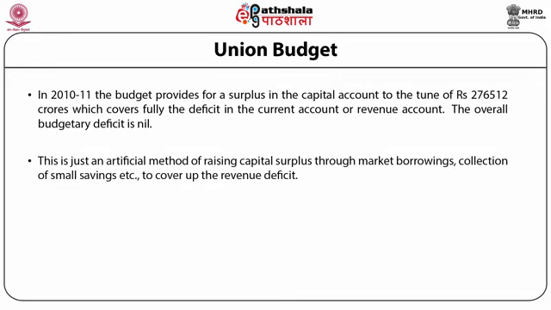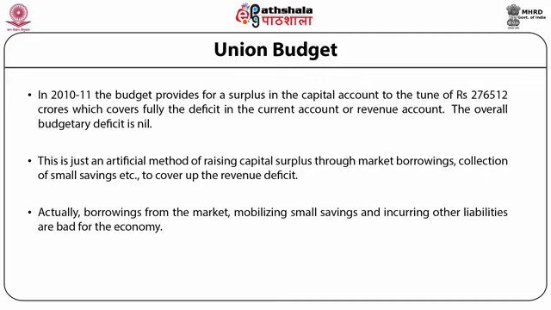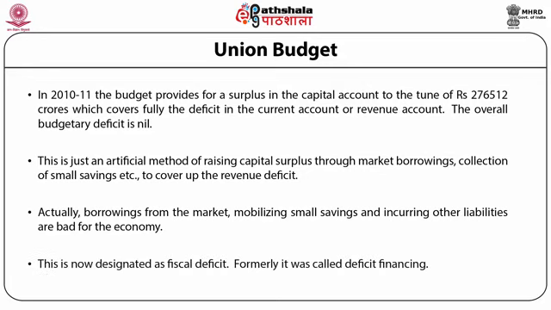This is just an artificial method of raising capital surplus through market borrowings, collections of small savings, etc., to cover up the revenue deficit. Actually, borrowing from the market, mobilizing small savings, and incurring other liabilities are bad for the economy. This is now designated as fiscal deficit. Formerly, it was called deficit financing.